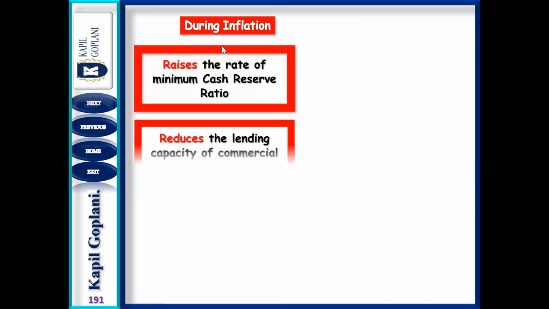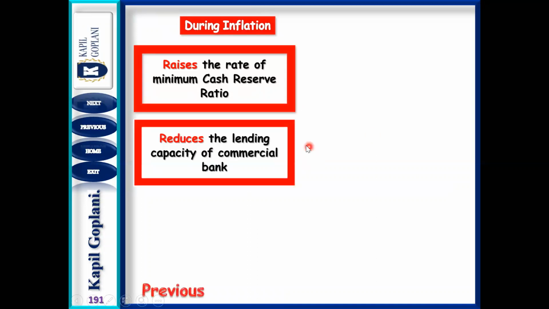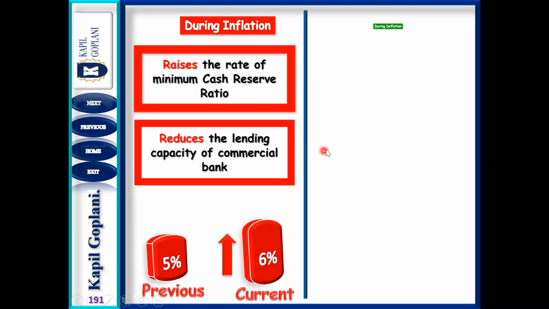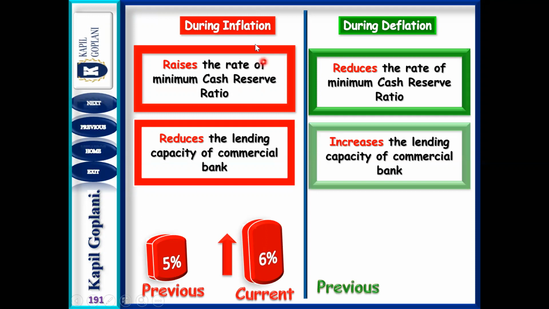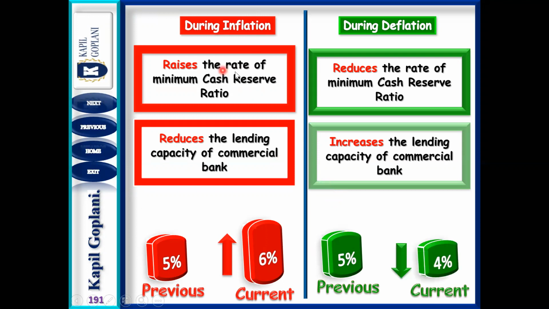Again, at the time of inflation, CRR will be increased, and at the time of deflation, CRR will be decreased. As you can see in the PowerPoint presentation itself, when there is inflation, the CRR is raised. RBI raises the rate of cash reserve ratio. This reduces the lending capacity because they have to deposit more amount to the RBI.